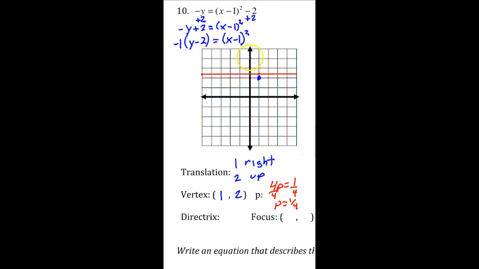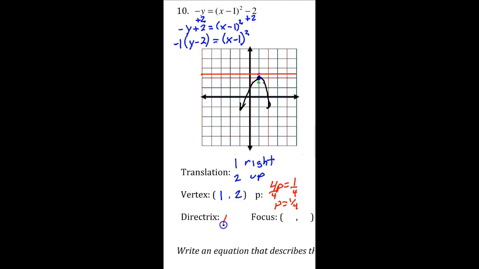Right there, and barely down to get the focus. And it's only going to be 1/2 to either side, because we have a LLR of 1. I need to go 1/2 to the right, 1/2 to the left. There we go.